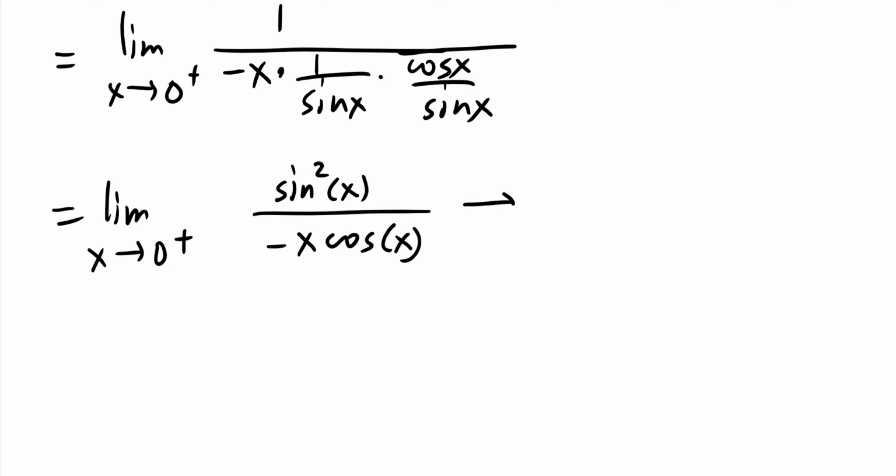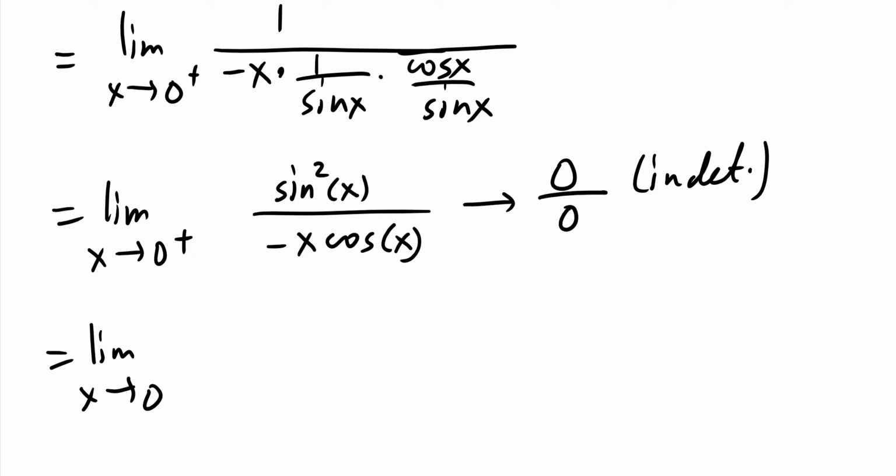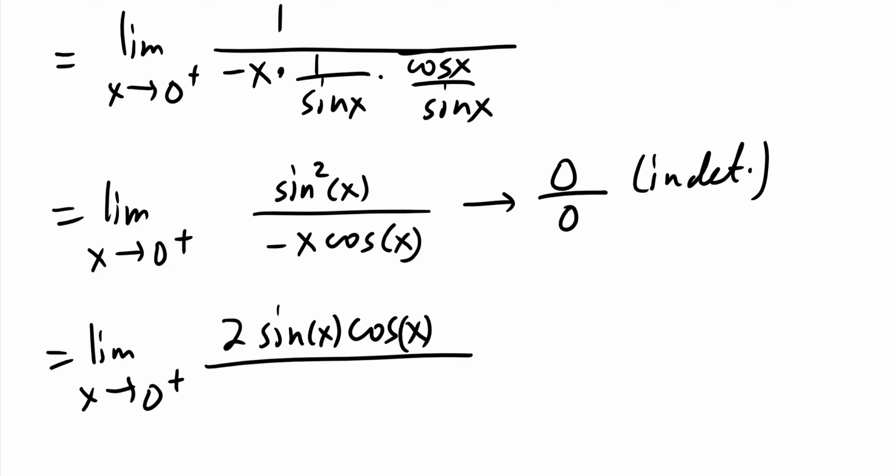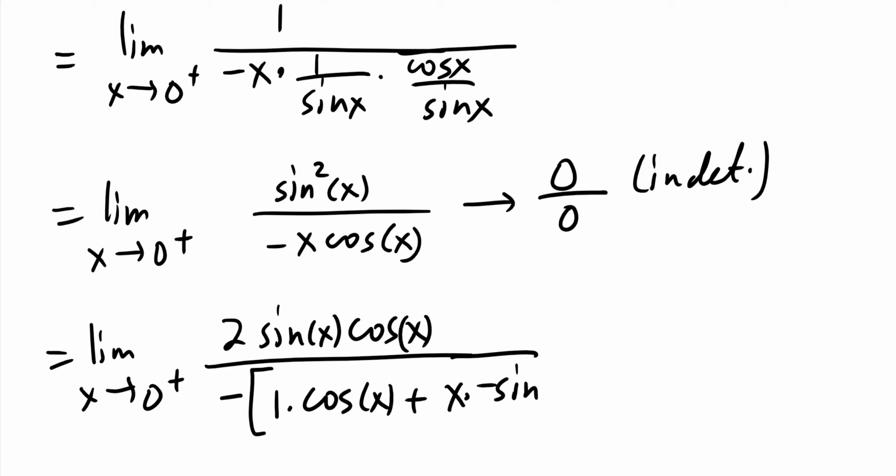So now if you pass the limit, that's really 0 over 0. Indeterminate, so I can use L'Hopital's rule. L'Hopital's rule says you can take the derivative of the top, which is 2 sine x cosine x. And the denominator, we keep the negative out: 1 times cosine x plus x times negative sine x.